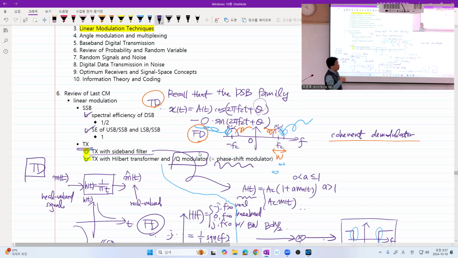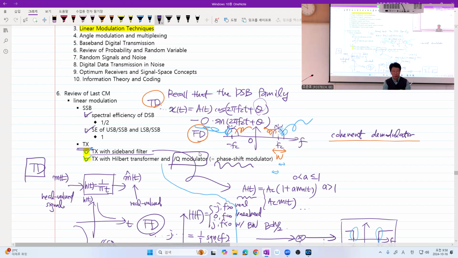But anyway, which one is better? That actually depends on the availability of the component in the left side building. So you have to cooperate. The most important lesson you must learn in the study of SSB is not only your versatility in handling real valued bandpass signals, but also the historically accumulated knowledge, how do you say that, lessons.